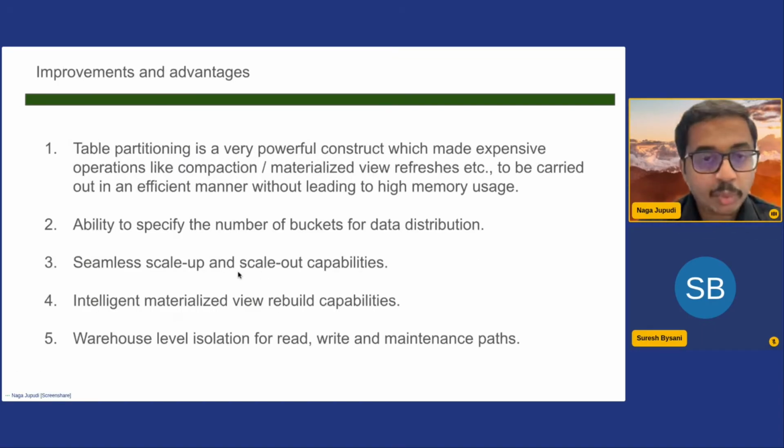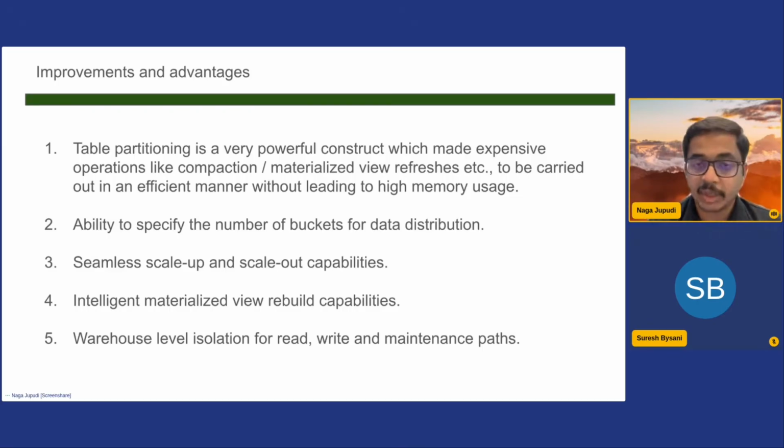Yeah, so the improvements and advantages that we saw: again, the table partitioning was a really powerful construct which opened up other use cases like these denormalizations or any other materialized view constructions, where we were able to carefully align all the partitions so that the refreshes of the materialized view are not all or nothing.